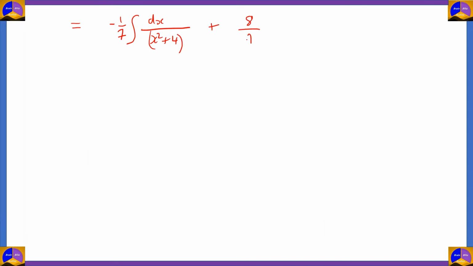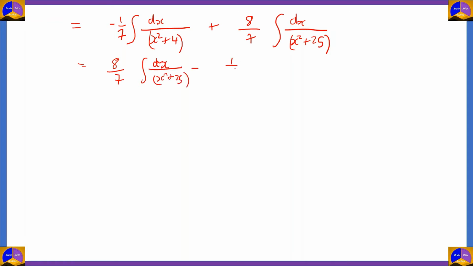Similarly, it'll be 8 by 7 times integral dx divided by x squared plus 25, which we can write as 8 by 7 times integral dx divided by x squared plus 25 minus 1 by 7 times integral of dx divided by x squared plus 4, which is just the same thing.